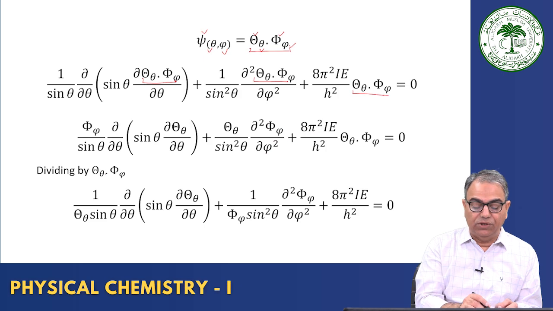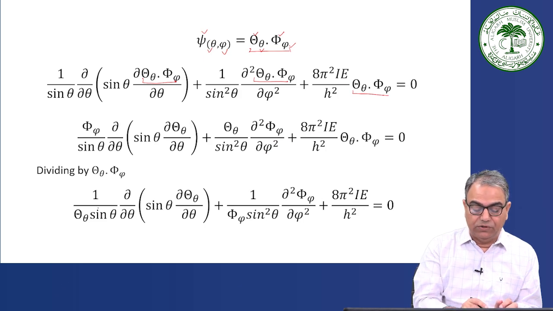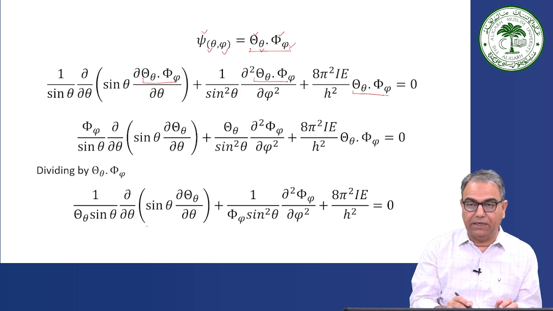Then we say that you divide by Theta times Phi. So that you have 1 by Theta sin theta, del by del theta of sin theta del Theta by del theta. If you divide, Phi will go and Theta will come in the denominator. You look at this equation: in this part you have Theta only.